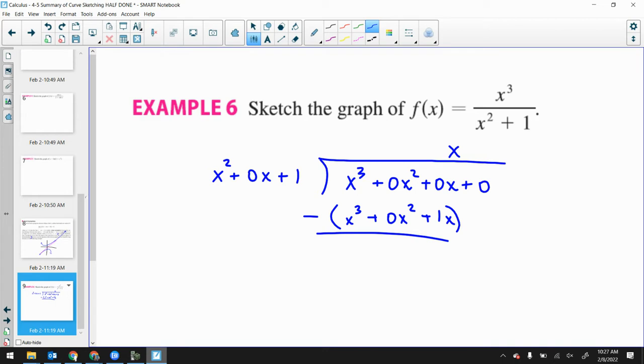We take x to the third minus x to the third, that goes away. X squared minus x squared, that goes away. So that's going to be a 0x squared. I know I'm weird, I like to keep that as a 0x squared. And 0 minus 1 is minus 1x. Carry down our... No, that's just a 0.